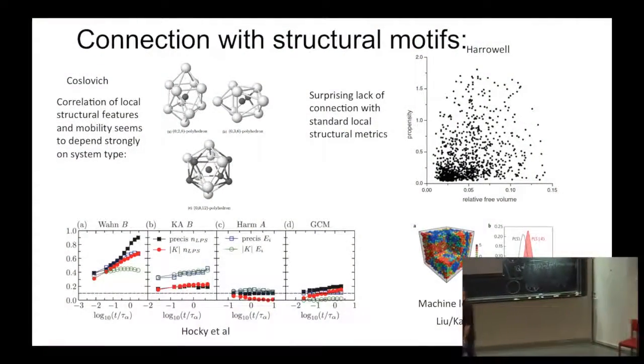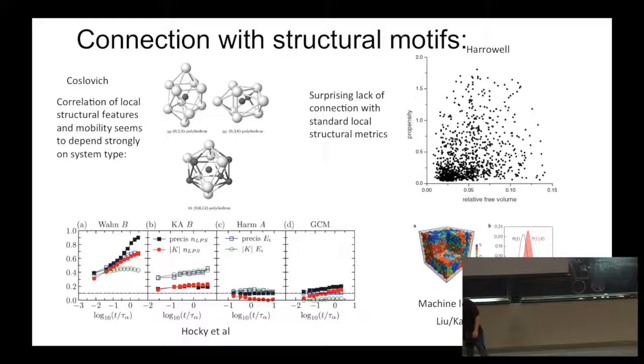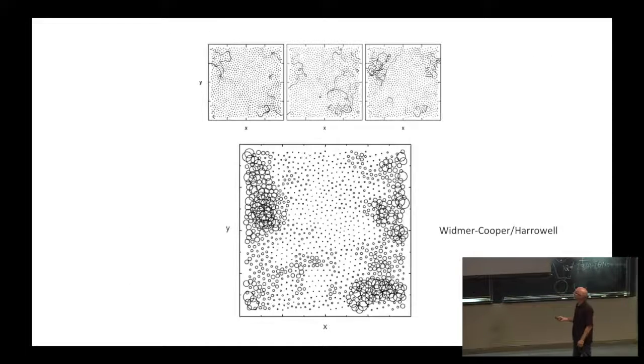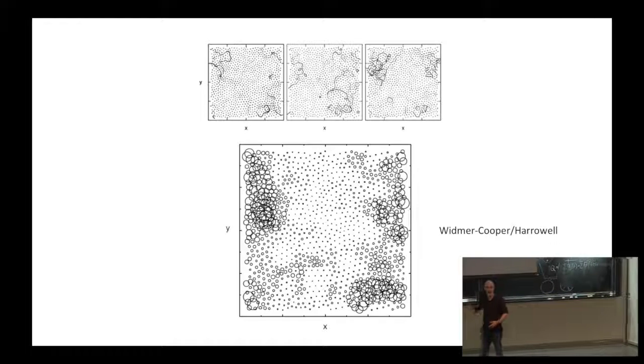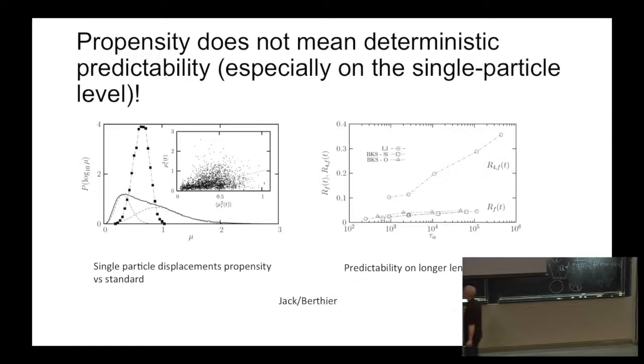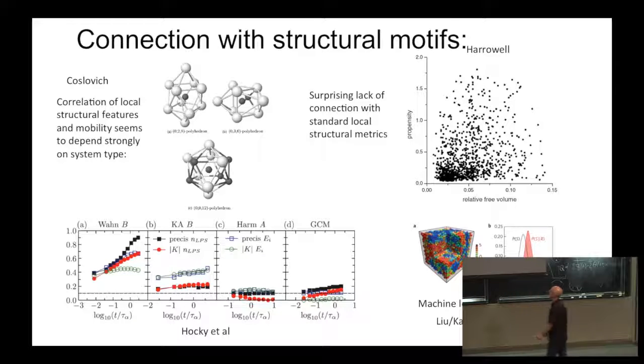Okay, so very briefly, one can then ask, okay, I have a way to assess in real space where things are likely to move. Why does this particular region have a higher propensity than any other region? And you can try to do ways of assessing correlation with your favorite metric.